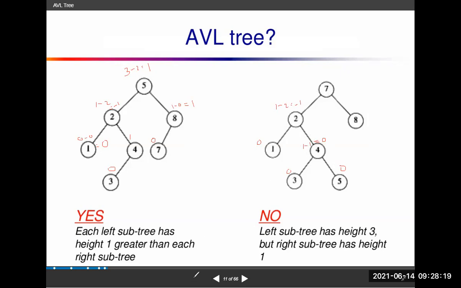The heights here are 1, 2, 3. So 3 minus 1 equals 2. So this is not an AVL tree. Here the left subtree has height 3, but the right subtree has height 1. So this is not an AVL tree.